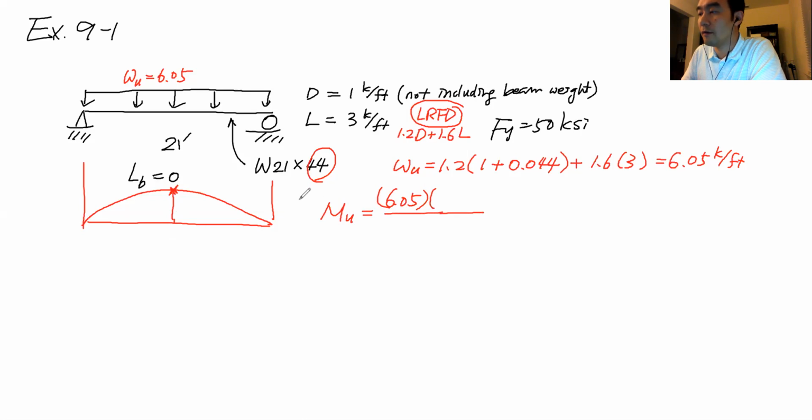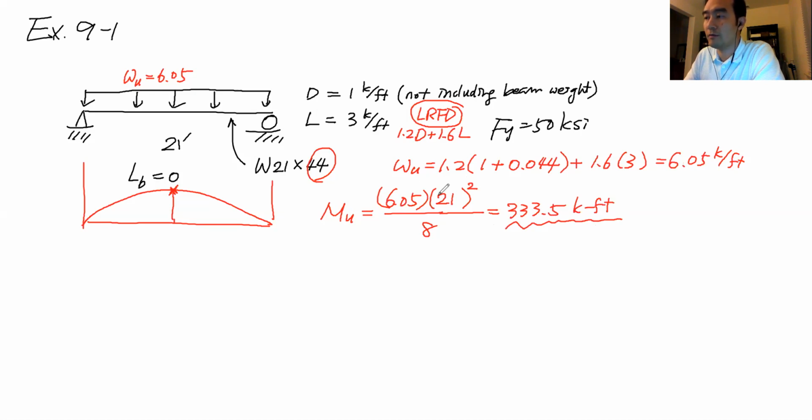I did not convert feet to inches at this moment, so I just use 21 and divide by 8. Then the value is going to be in kip-feet. And it should be squared, wL squared over 8, yep. When I calculated, I got 333.5 kip-feet. So this is going to be the maximum moment that we have to support due to this given loading. So that's the first step.